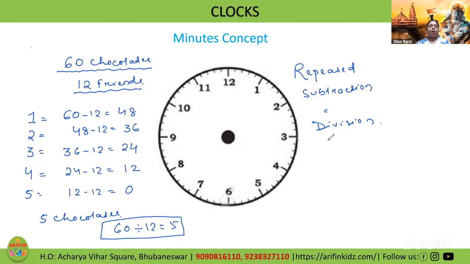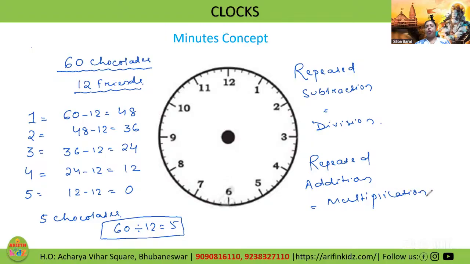Nothing like you will mug it up. Mama told 5, so you will just go for 5. No, I told you how to get the 5. See, you got the 5, and always remember, beta, repeated addition is called multiplication.